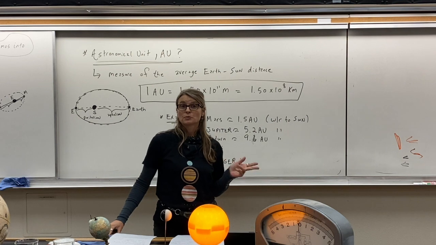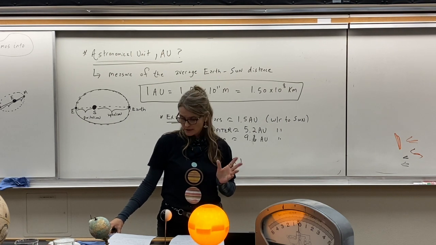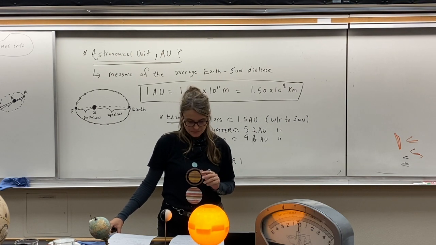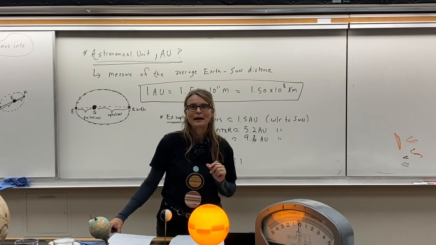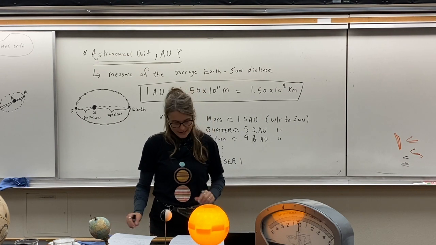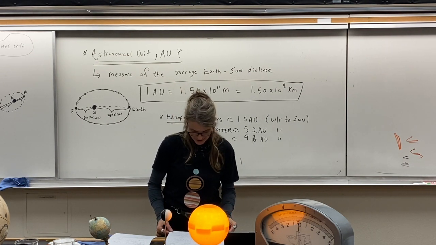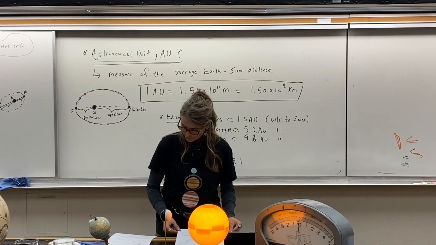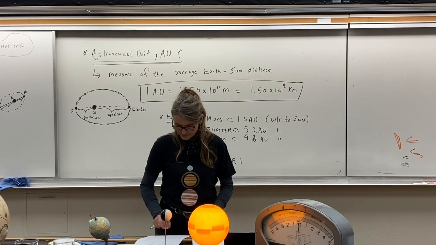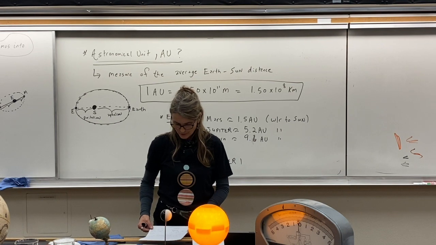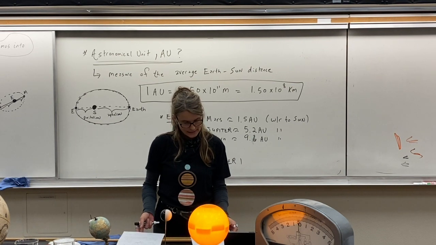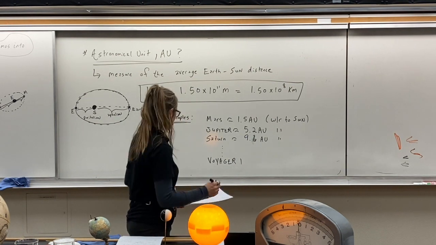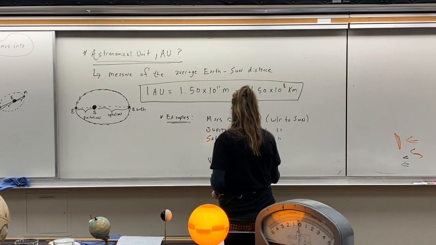Now, another good number for you, our furthest spacecraft, both spacecrafts, Voyager 1 and 2, are the furthest spacecraft from the sun, furthest spacecraft from Earth ever, I should say. And right now, I have to keep updating my numbers here. Voyager 1 is approximately 152 AU.